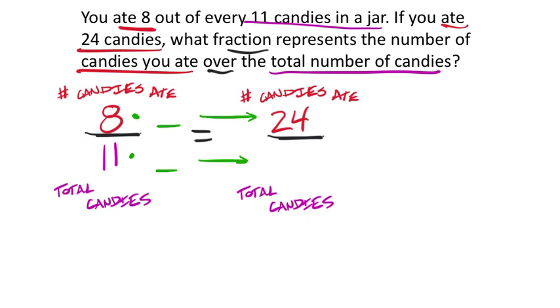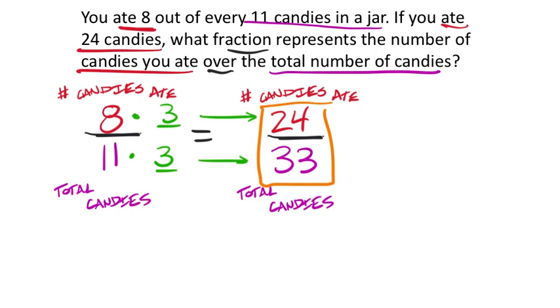So 8 times what is 24? This actually is one of our multiplication facts. We don't need to use long division, although you're welcome to. That is 8 times 3 to get 24. So we multiply the denominator by 3 as well, which would be 33 candies total in the jar.